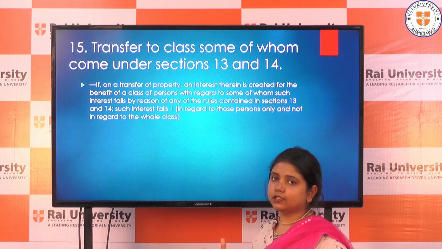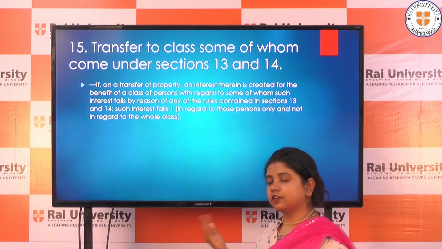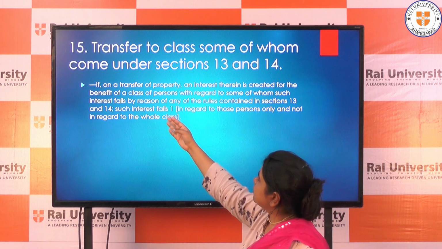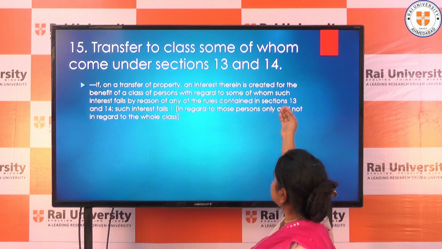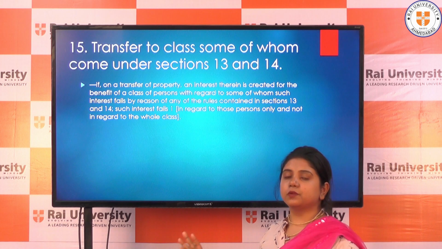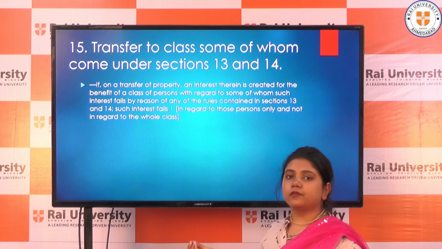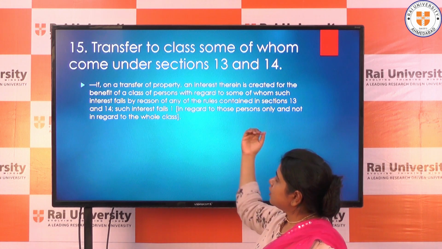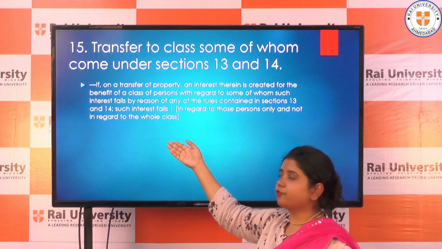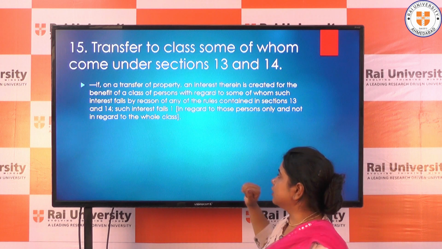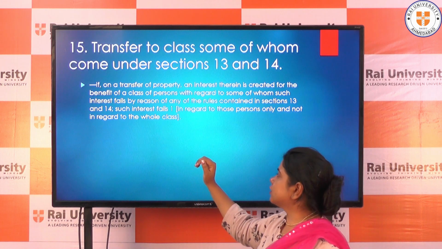With regard to whom is the interest failing? In regard to Y, the interest failed because Y was not born. Next is by the reason of any of the rules contained in section 13. What are the rules contained in section 13? The property should be absolutely transferred. But as soon as B died, Y was not born. So the interest failed on behalf of Y by the rules contained in section 13, and the same will follow for section 14.